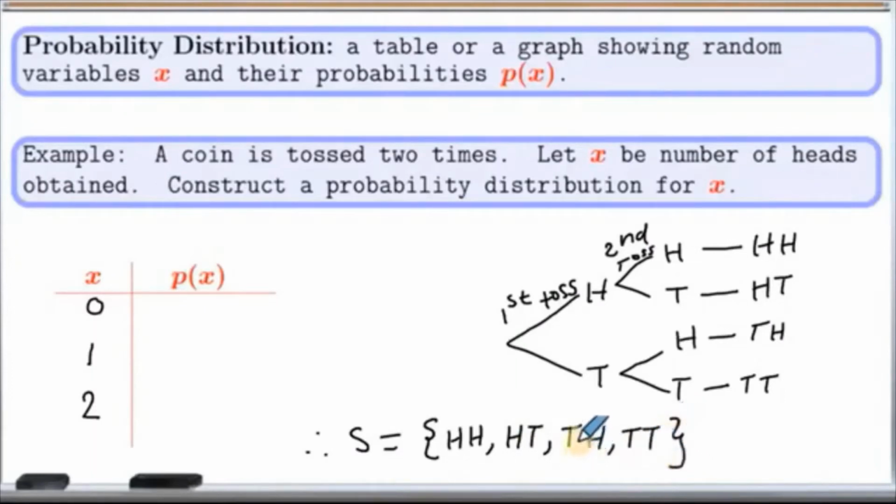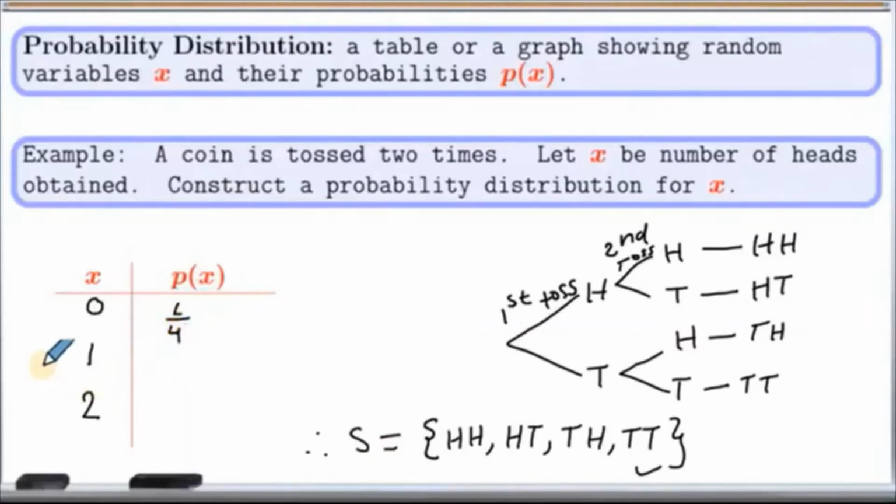So now we are ready to find the probabilities of getting 0 heads, 1 head, and 2 heads. On the sample space, we consider the outcome tail, tail to be 0 heads. So for this one, the probability of getting 0 heads is 1 out of 4.